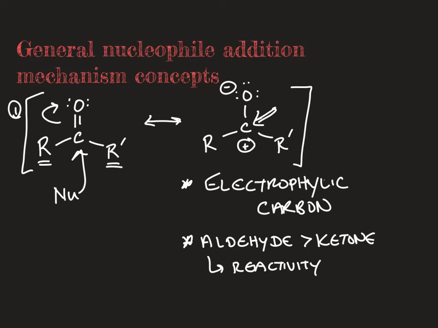Also, if we think about this second resonance structure here, we have a carbocation. So a secondary carbocation here with 2 R groups versus if it was an aldehyde and therefore primary and only 1 R group, that primary carbocation is going to be more reactive than the secondary. So those are a few things to consider.